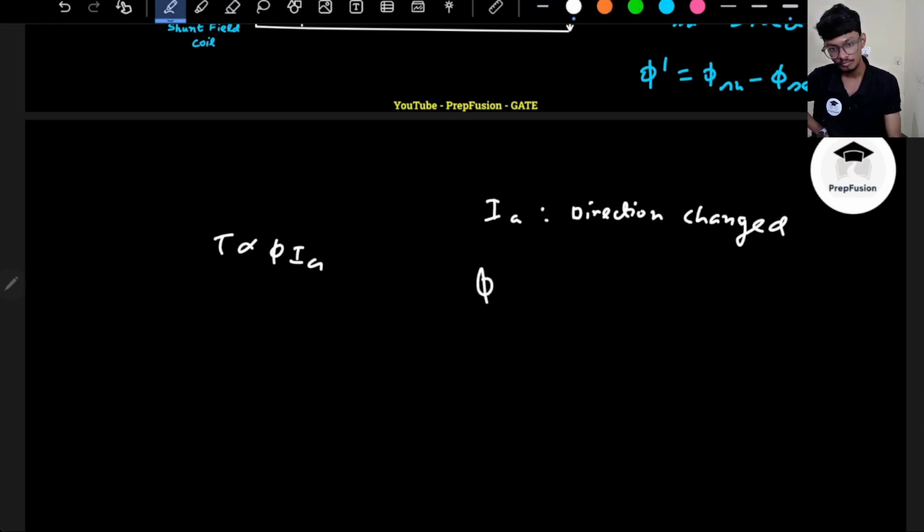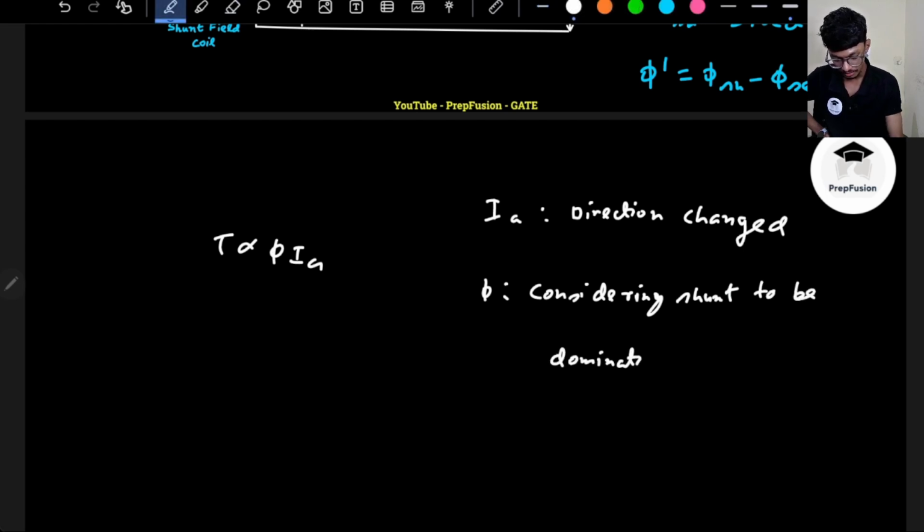What we generally assume is, like they should have mentioned here also, considering shunt to be dominating. Why? Because initially EB is 0.